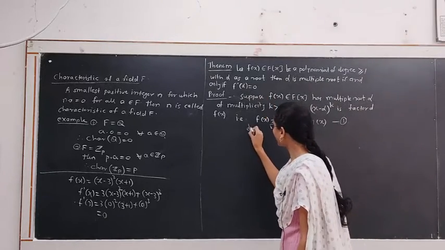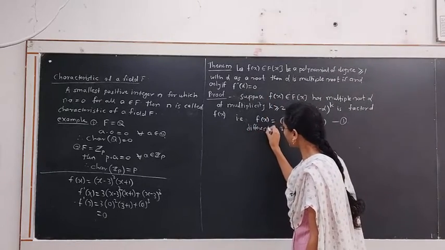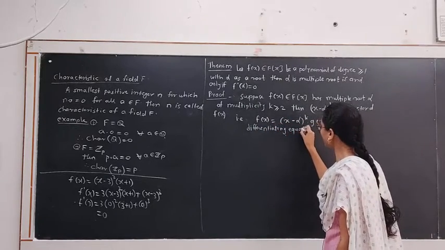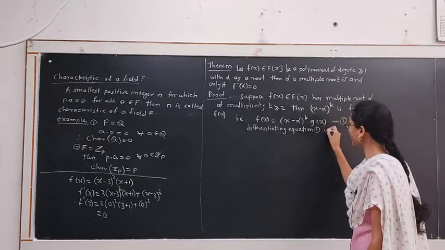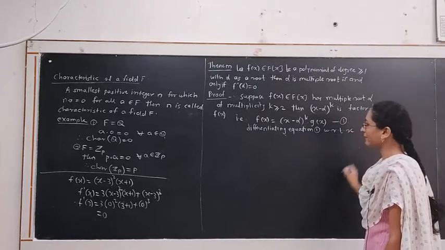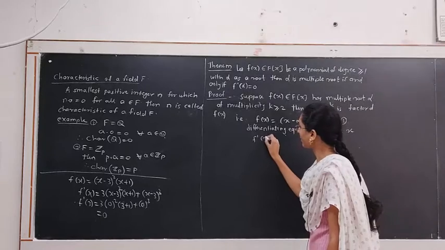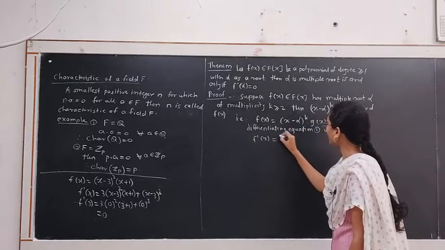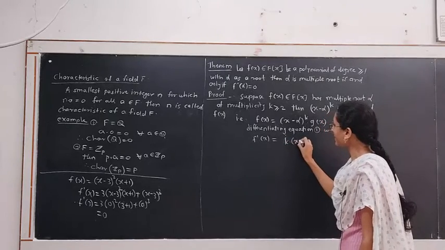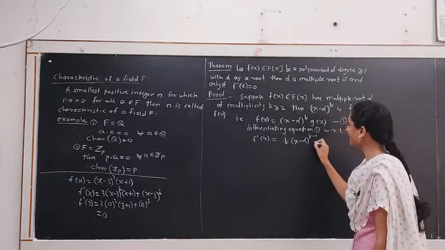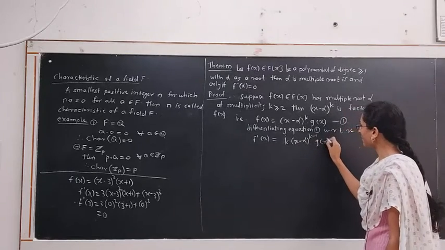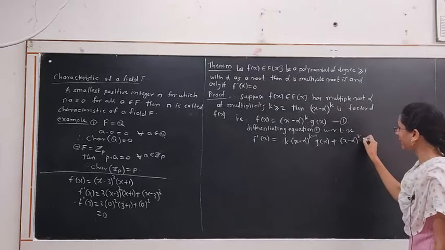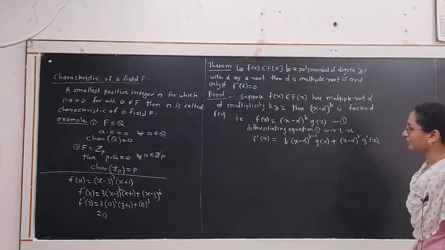Differentiating equation 1 with respect to x, we get f dash of x is equal to k into (x minus alpha) raised to k minus 1 into g(x) plus (x minus alpha) raised to k into the derivative of g(x).